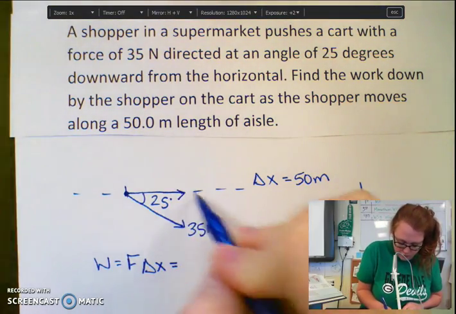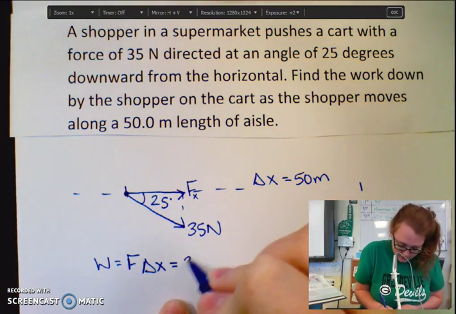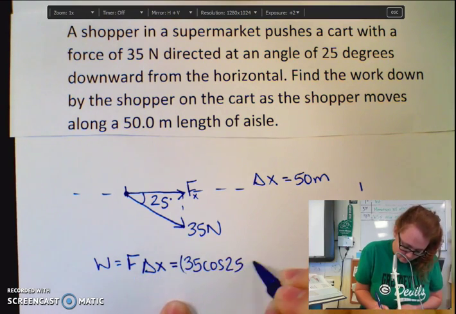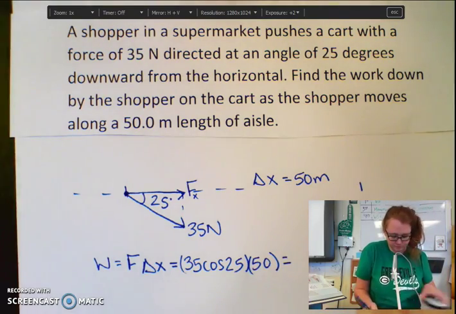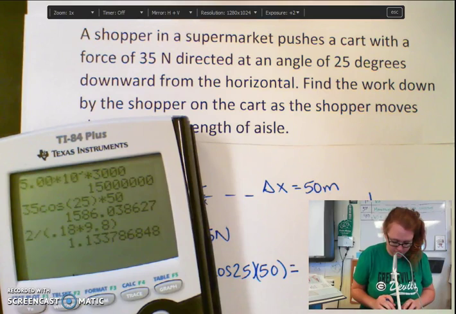so I need to find this horizontal component. That's going to be 35 times the cosine of 25 times 50 meters. Let's do that. 35 cosine of 25 times 50.